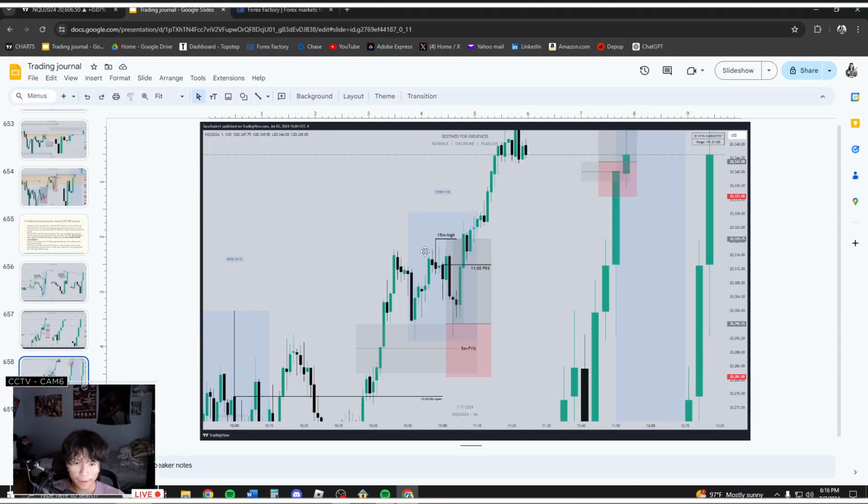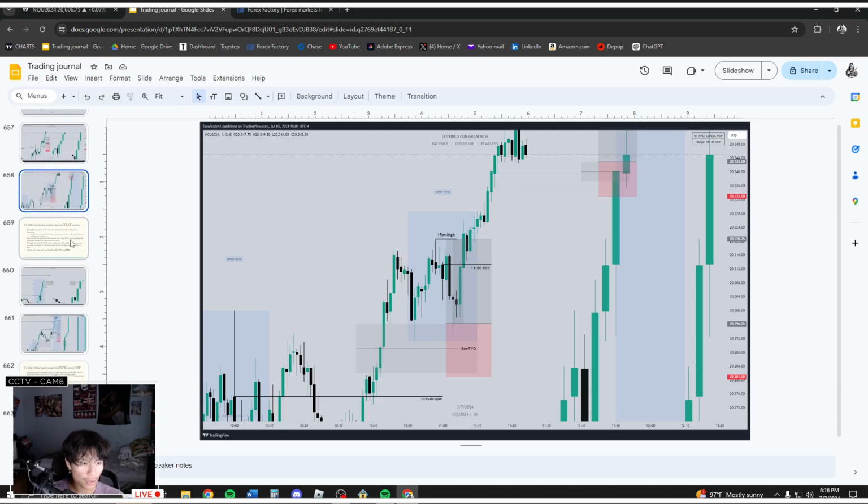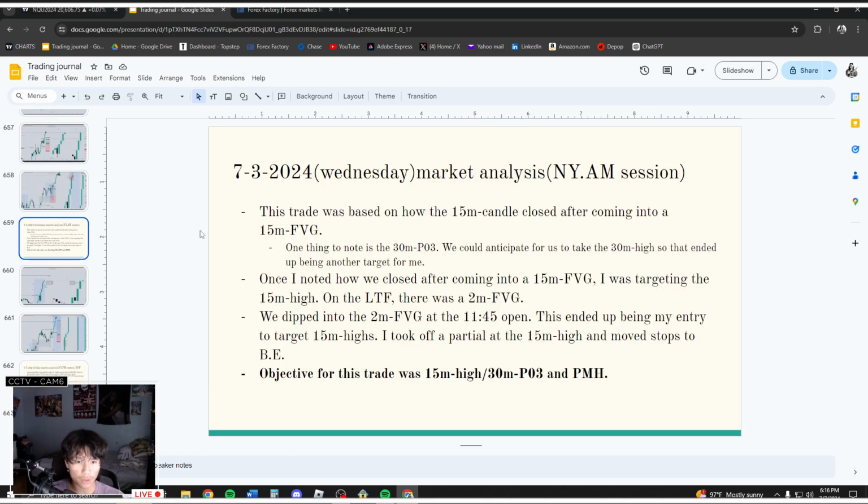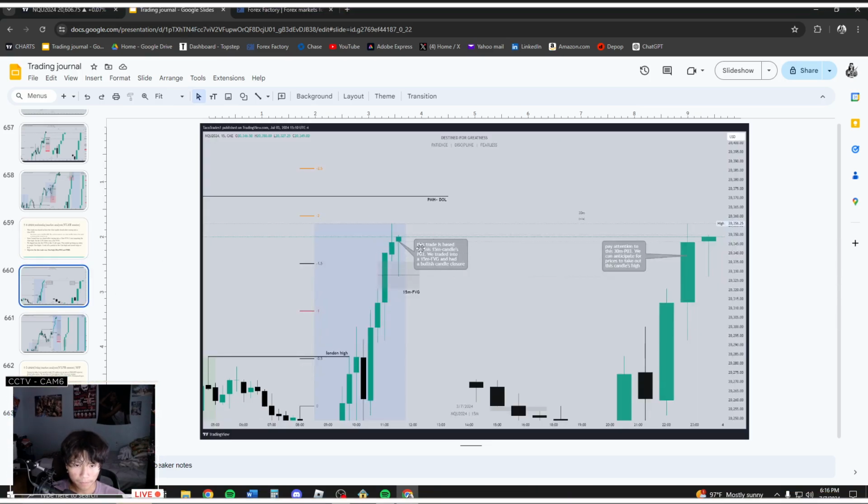But yeah, solid trade. The next trade I do want to talk about is another trade that was on Wednesday. This trade was based off of the 15-minute candle. Whenever we displaced away from the London highs and kept displacing higher on Wednesday, we created a 15-minute fair value gap.